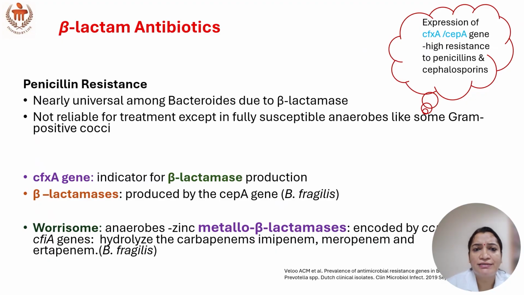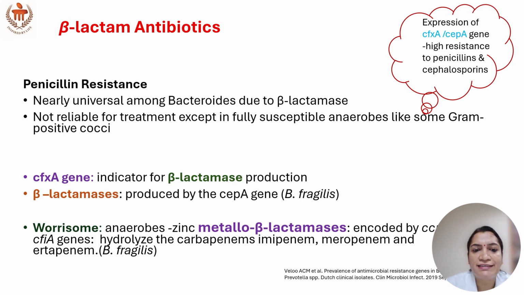Regarding beta-lactam antibiotics, as we all know, penicillin resistance is nearly universal among the Bacteroides, due to production of the beta-lactamase enzyme, and it is not a reliable treatment except in fully susceptible anaerobes like some gram-positive cocci. This beta-lactam resistance is often associated with expression of the CFXA and CEPA genes, which confer higher resistance to penicillin and cephalosporin.